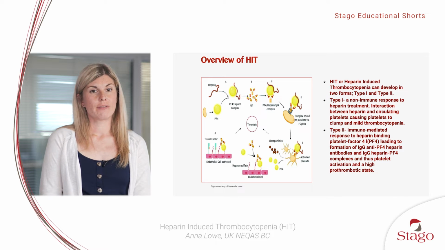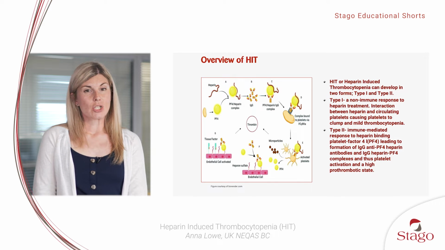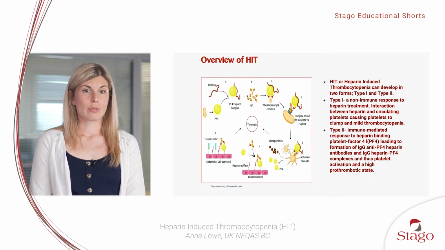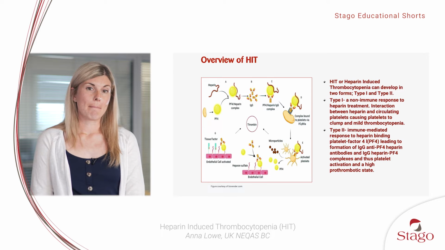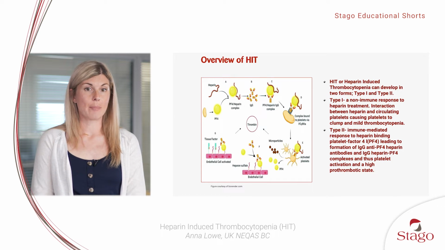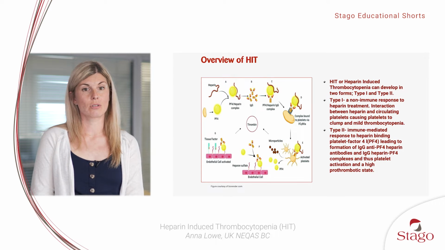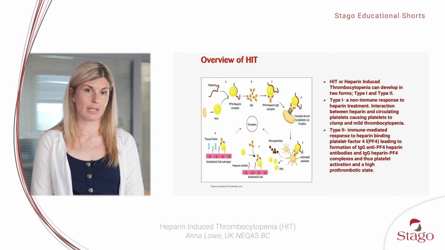So, pathophysiology of HIT. It's usually classed as type 1 or type 2. Type 1 is quite a mild non-immune response where heparin and circulating antibodies cause clumping and very mild thrombocytopenia.